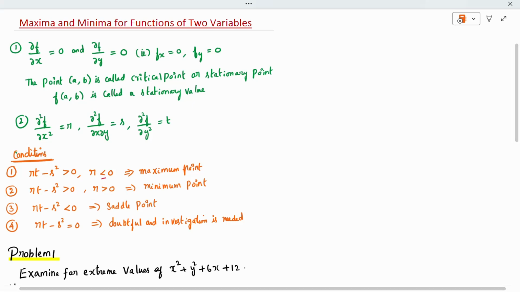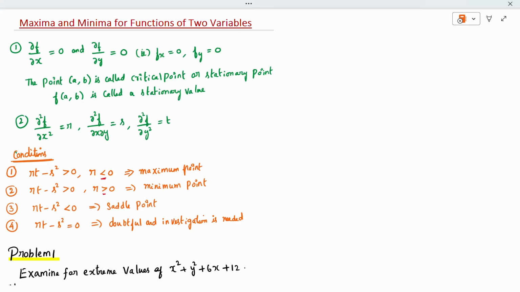Like this you can remember: less means maximum, greater means minimum. When rt minus s squared is greater than 0, it is a maximum or minimum point. But when rt minus s squared is less than 0, when you get any negative, it's called a saddle point.